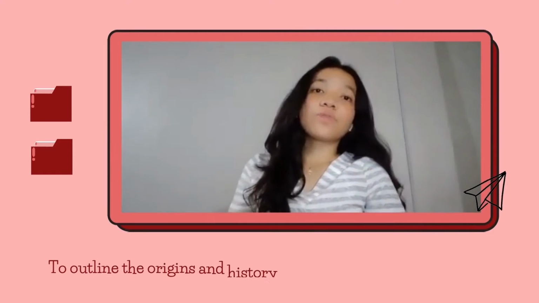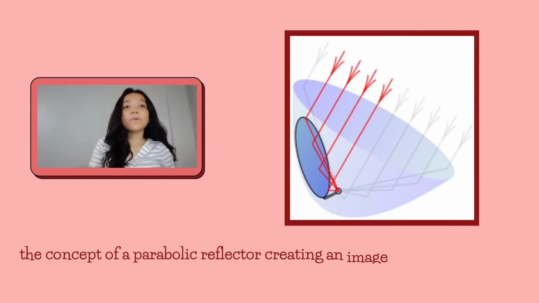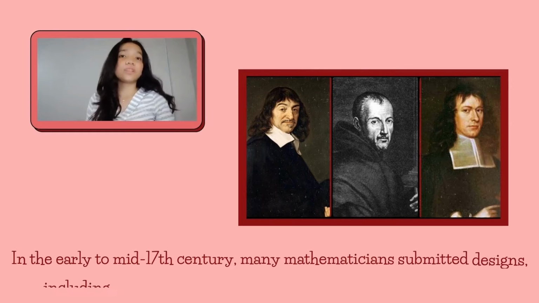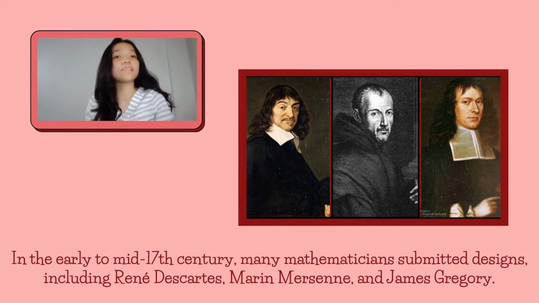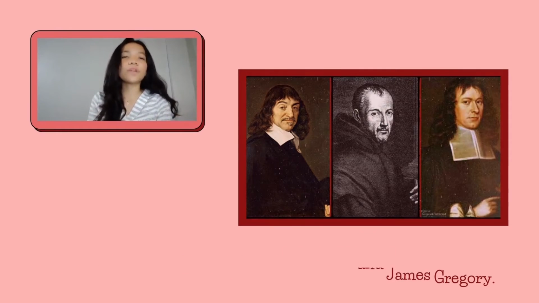To outline the origins and history of the conic section parabola, the concept of a parabolic reflector creating an image existed long before the advent of the reflecting telescope. In the early to mid-17th century, many mathematicians submitted designs, including René Descartes, Marin Mersenne, and James Gregory.